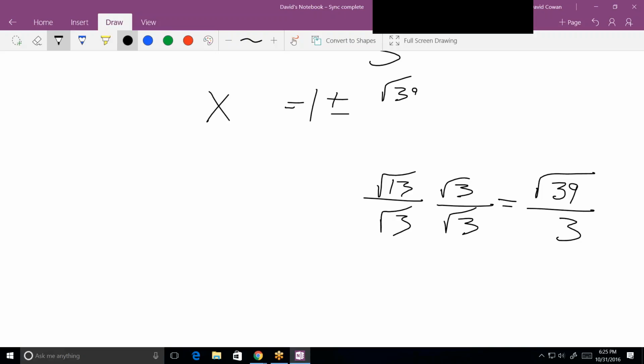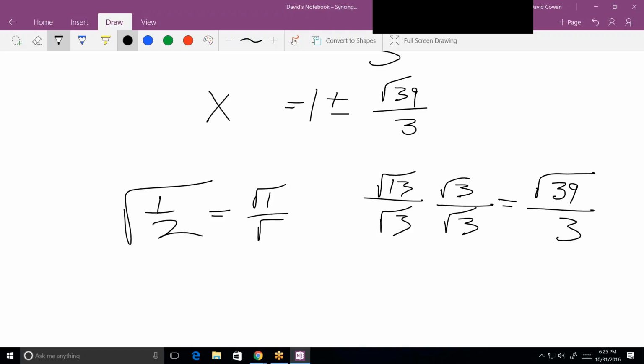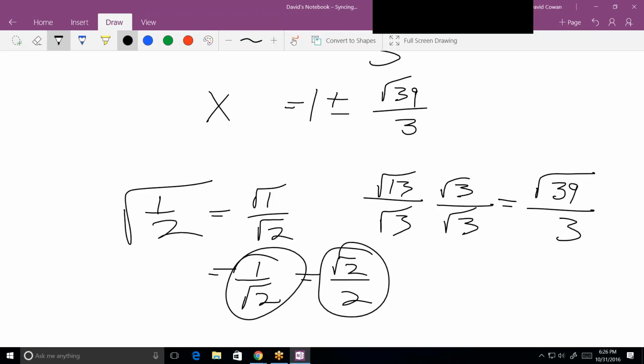Yeah. In other words, you don't ever want to have things like this even. Okay, square root of 1/2 is square root of 1 over square root of 2, which is 1 over root 2. That's problematic. That needs to be rationalized, and it becomes square root of 2 over 2. So that's the same number, but it's proper format.